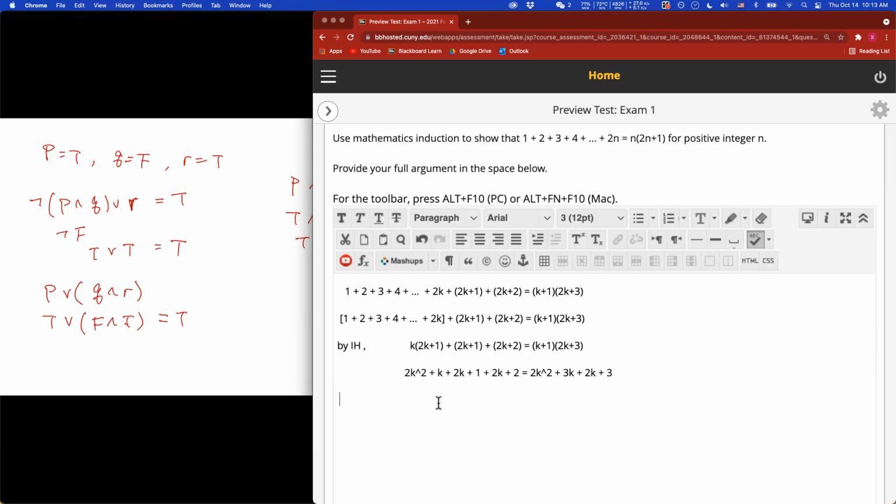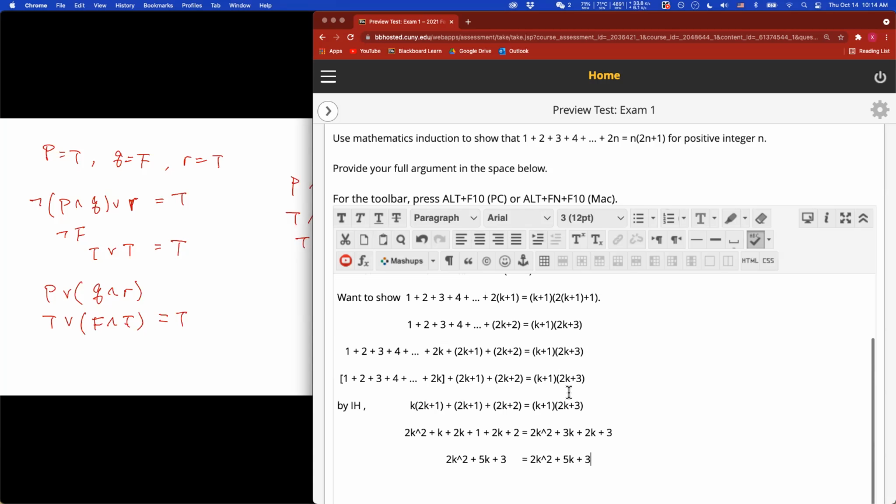Now, if you look at the left-hand side here, you have 2k squared plus k plus 2k plus 2k, so you have 5k. And then you have 1 plus 2, which equals 3. On the right-hand side, you have 2k squared, and then 3k plus 2k, so that's 5k plus 3.